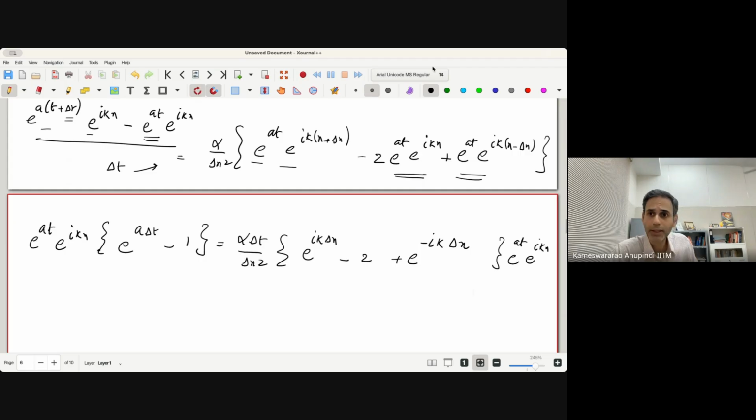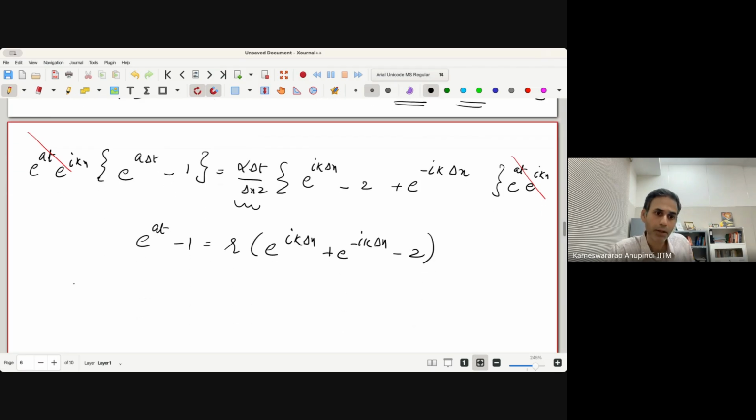Now I can cancel out e to the power a t, e to the power I k x on both sides. And then what I have is e to the power a delta t minus 1 equals, let's call this factor some r, times e to the power I k delta x plus e to the power minus I k delta x minus 2, where r equals alpha delta t by delta x squared. Okay, this is some factor.